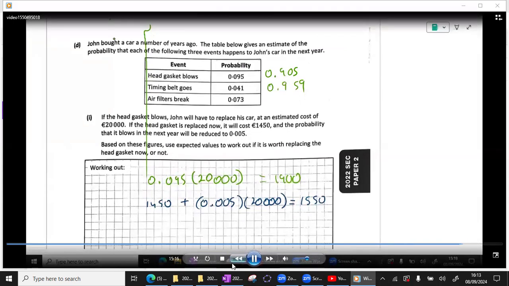And for the last one, the probability of nothing happening is 0.927. Now, they're all the chances that nothing will happen. So what I need to do is multiply those together, that would be my fundamental principle of counting, of nothing happening.